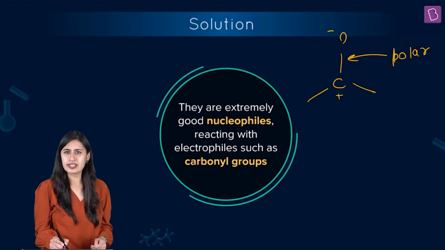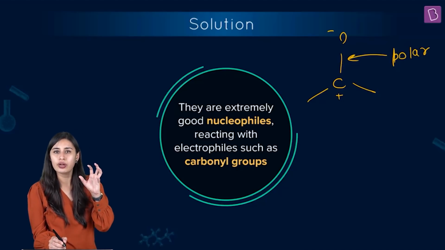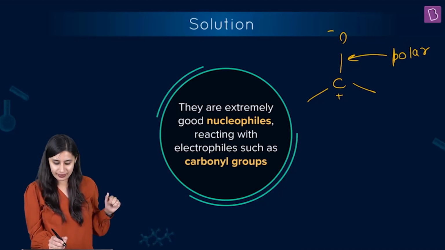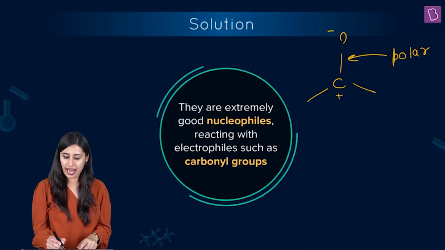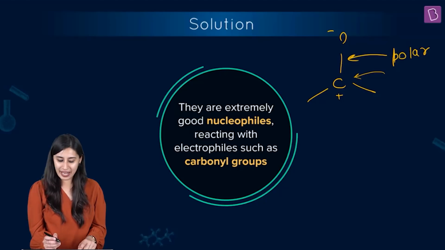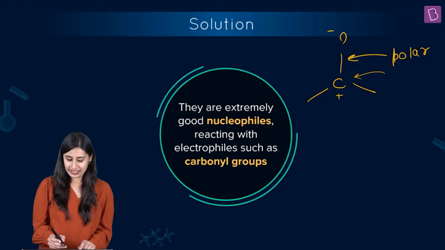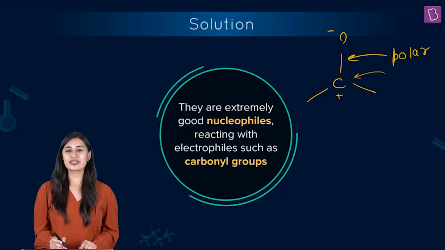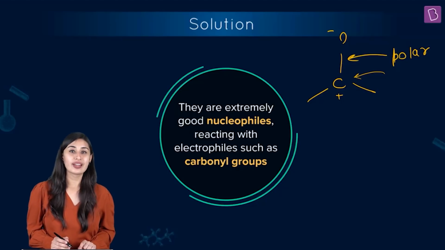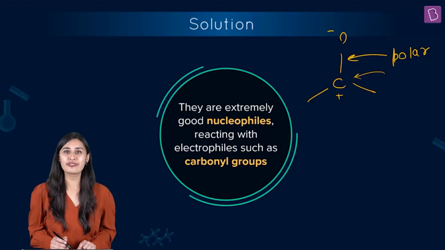The moment I write like this, you can see electron deficient carbon here, acting like an electrophile, right? So if it is acting like an electrophile, what is going to happen? It will be in a hunt of a nucleophile.